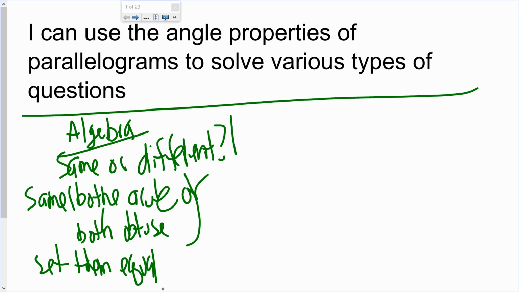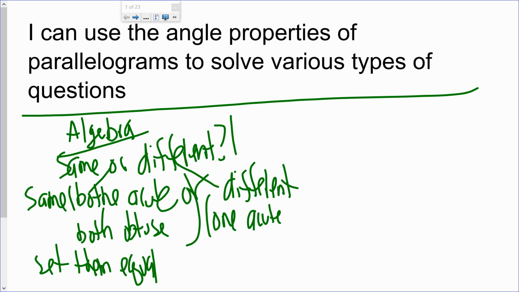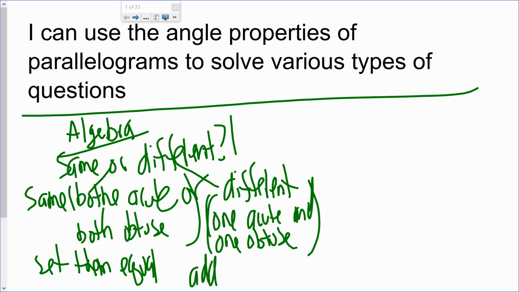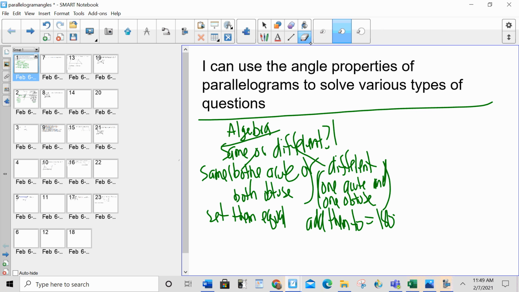And if they are different, one acute and one obtuse, add them to equal 180.